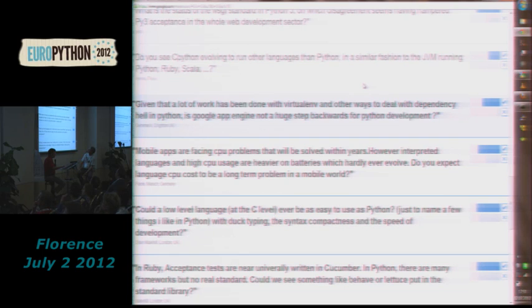Okay. Given that a lot of work has been done with virtualenv and other ways to deal with dependency hell in Python, is Google App Engine not a huge step backwards for Python development? Well, I would have to ask Google PR people what I can say on that question. Not much.